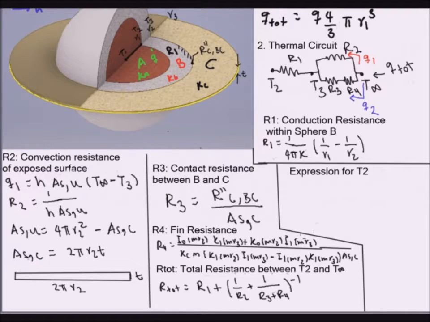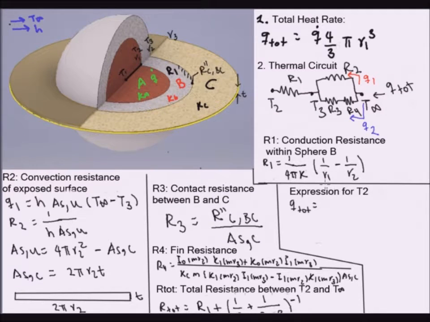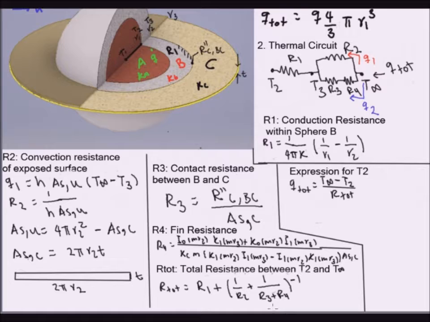Okay, and now that we have the expression for the total resistance, we can find an expression for T2 based on the equation for the heat rate using the resistance model. So the total heat rate will basically be the temperature difference between the surrounding fluid and T2 over the total resistance, which we solved for here.